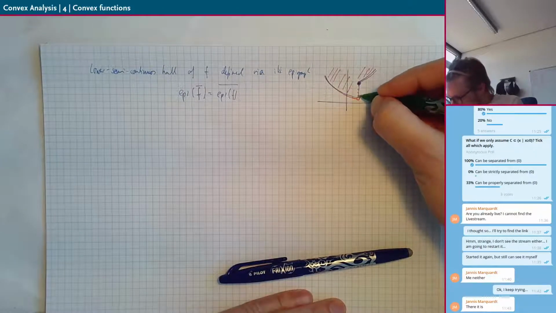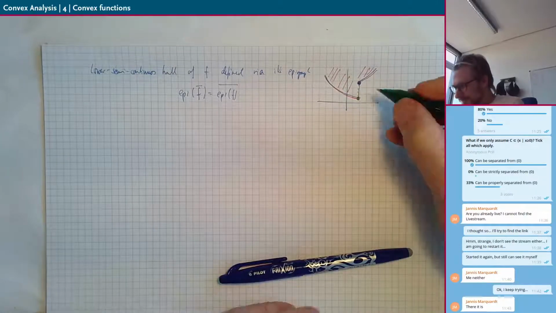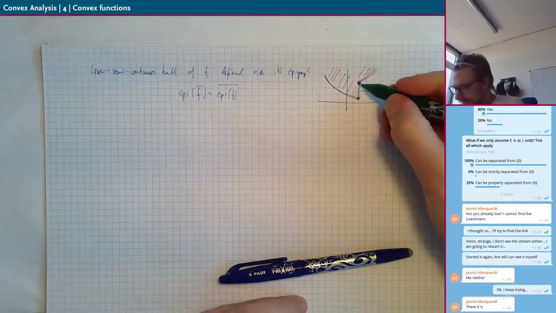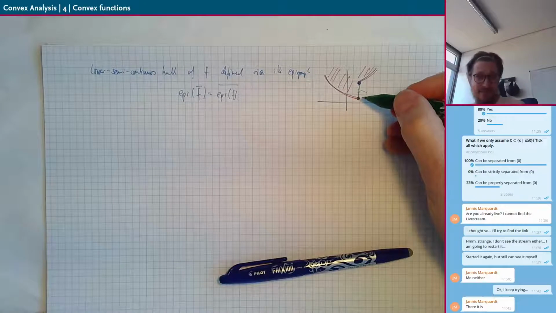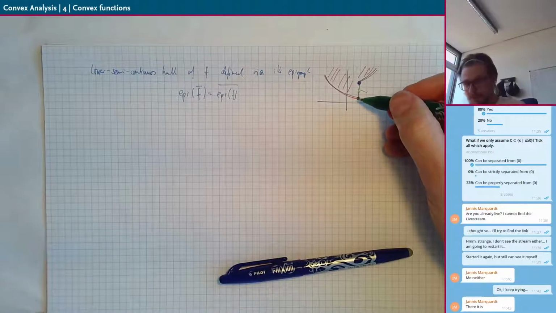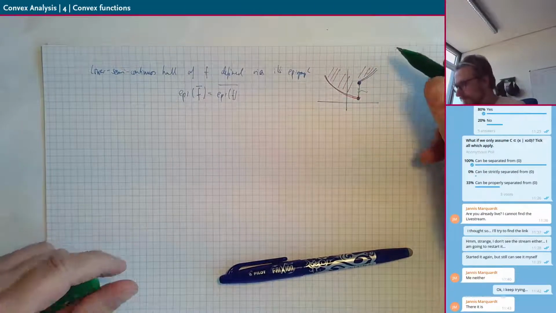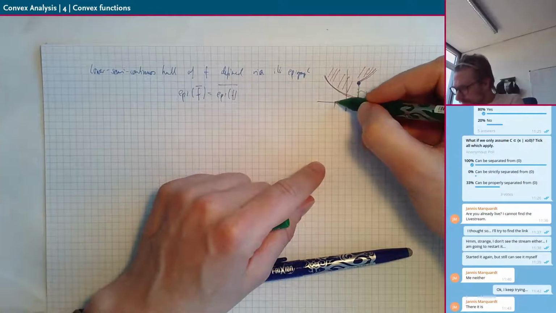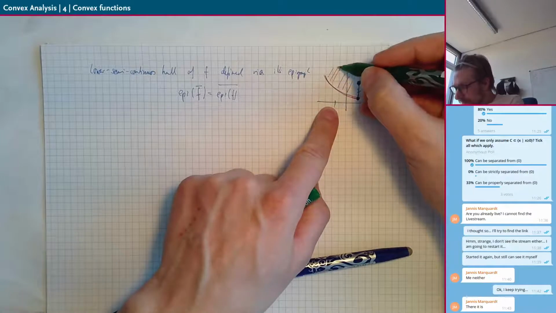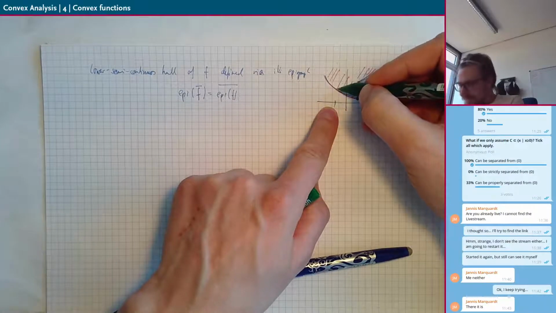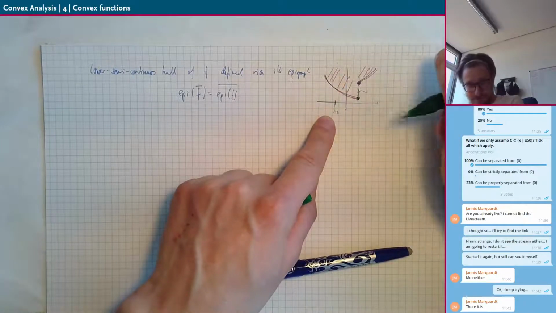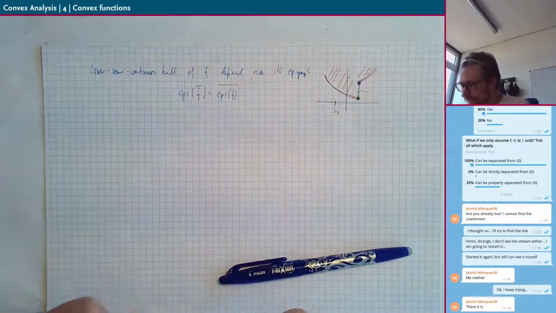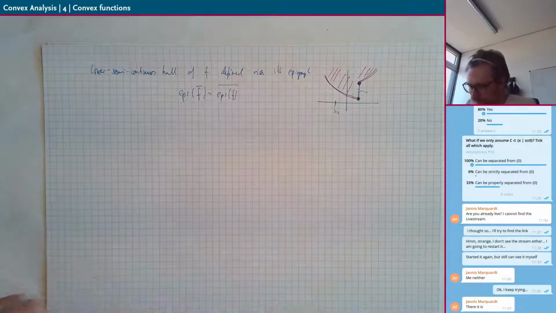Closure adds this line and this point here. And it stays an epigraph. That's important. It stays an epigraph of a function, and if we have such a set, we can define the corresponding function. If you want to know the function value here, we just take the infimum over all the alphas such that (x0, alpha) is in the epigraph. So that is the lower semi-continuous hull.